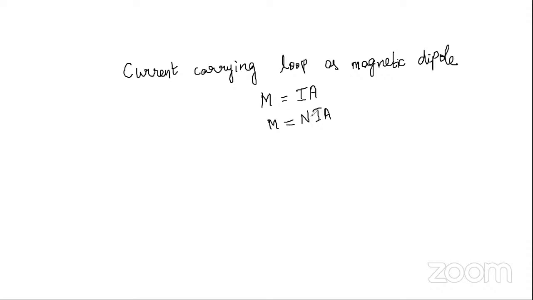The next concept is torque on a magnetic dipole in a magnetic field. Torque on a magnetic dipole kept in an external magnetic field is the next concept.